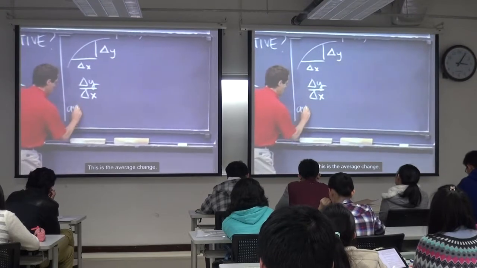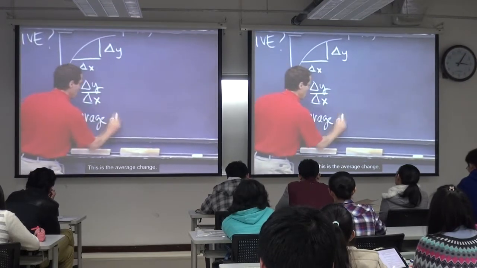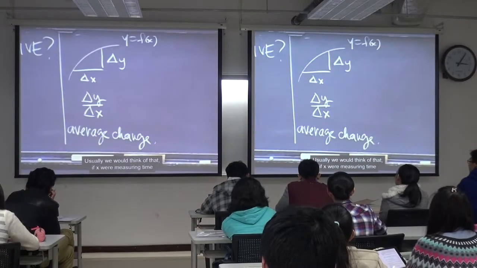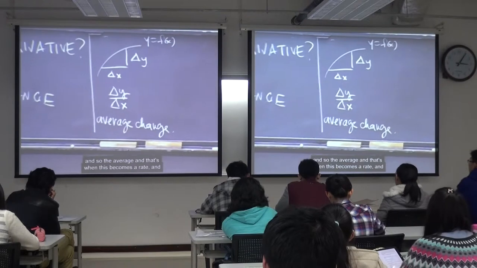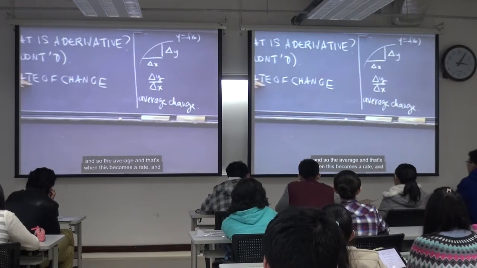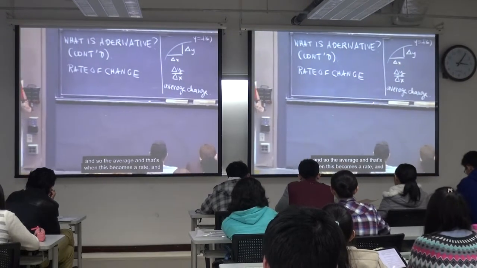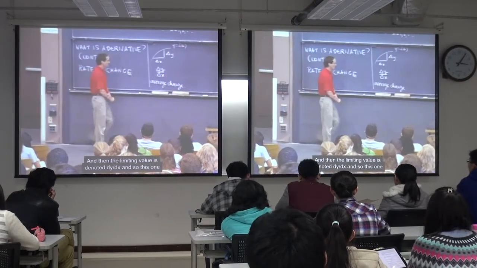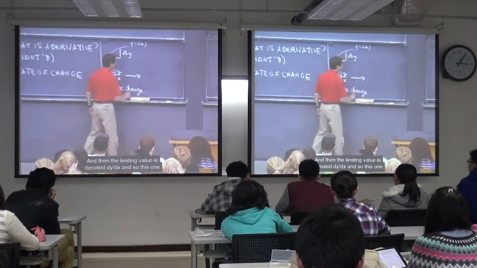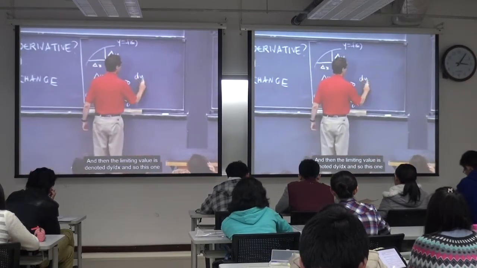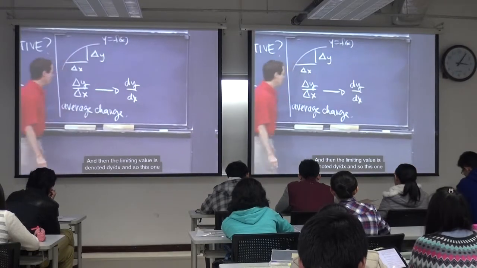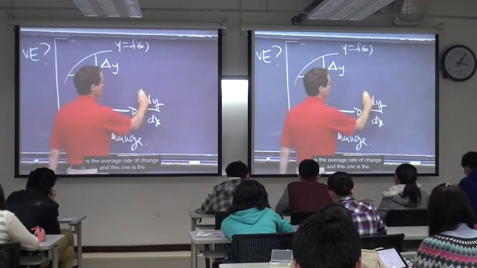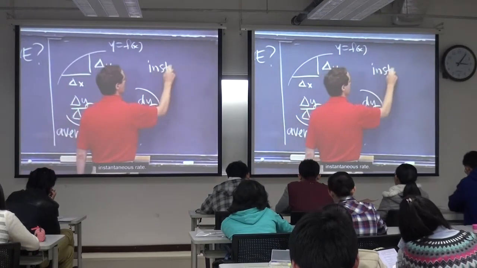This is the average change. Usually we would think of that if x were measuring time, and that's when this becomes a rate. And the average is over the time interval delta x. And then the limiting value is denoted dy/dx. So this one is the average rate of change, and this one is the instantaneous rate. You see the difference?